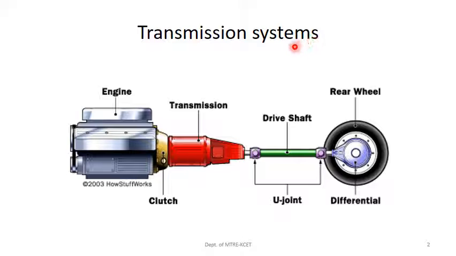In transmission systems, the components are clutch, gearbox, drive shaft or propeller shaft, universal joint, differential and rear axle. Now we go to the topic, gearboxes.